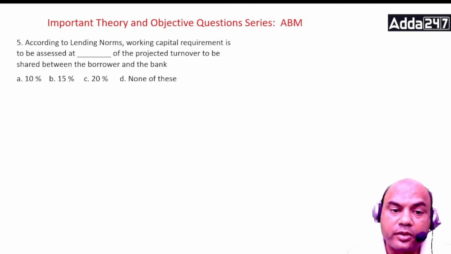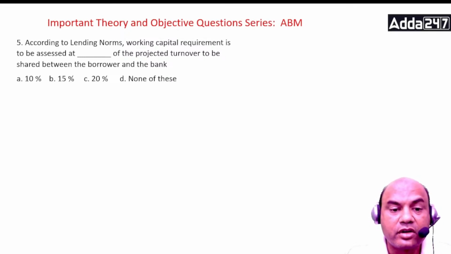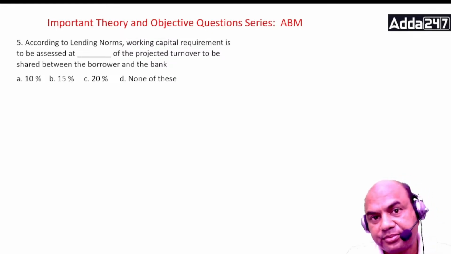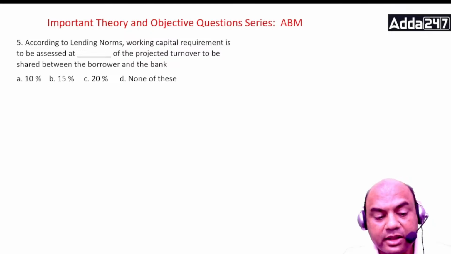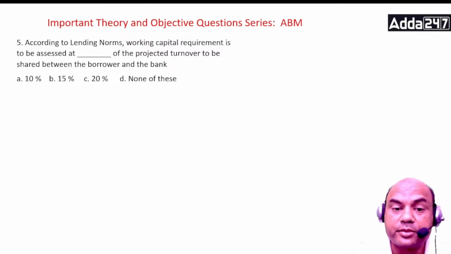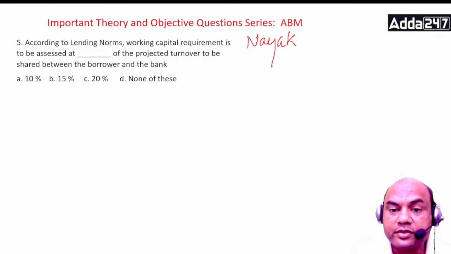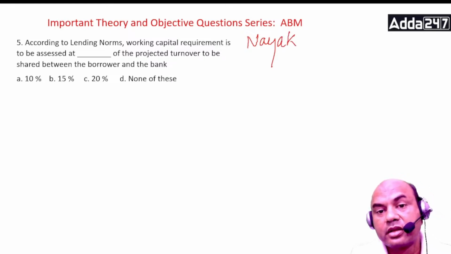According to the lending norms, working capital requirement to be assessed at dash of the projected turnover to be shared between the borrower and the bank. So this working capital analysis is to be done. Lending norms means here we are talking of the NAYAK Committee. This NAYAK Committee gave some recommendations for companies below 5 crore turnover.